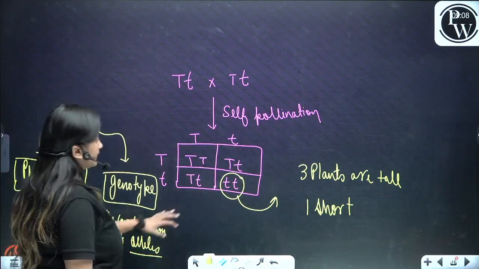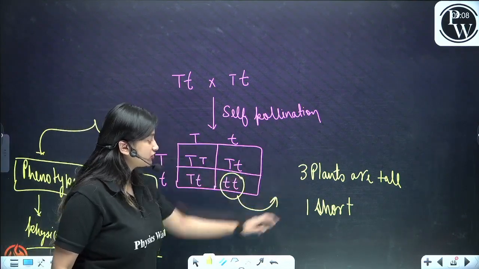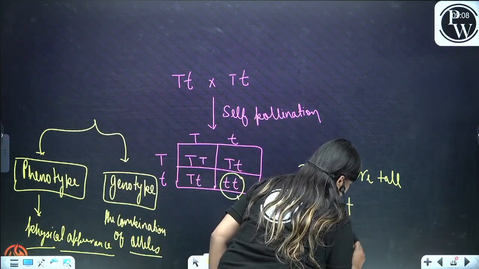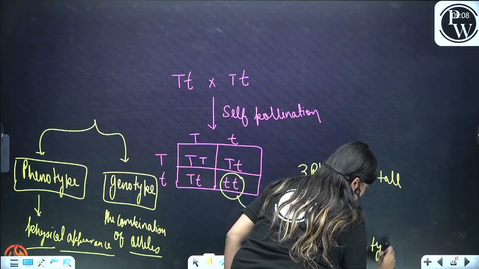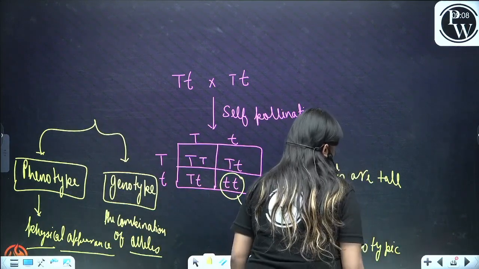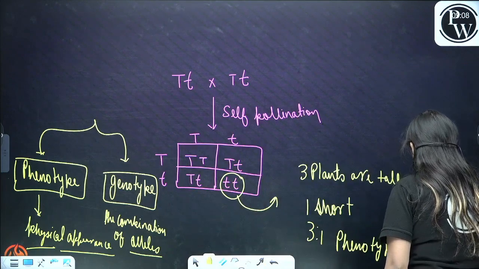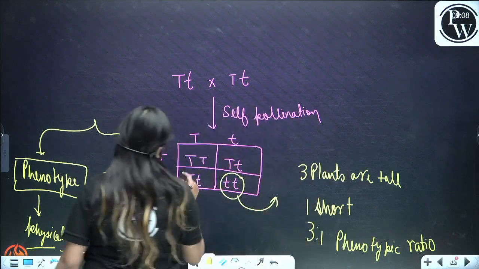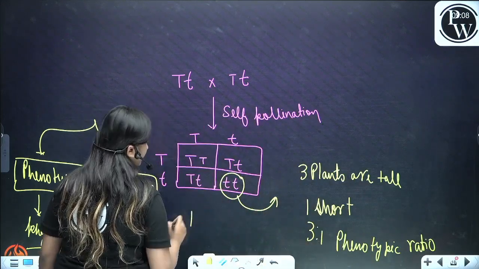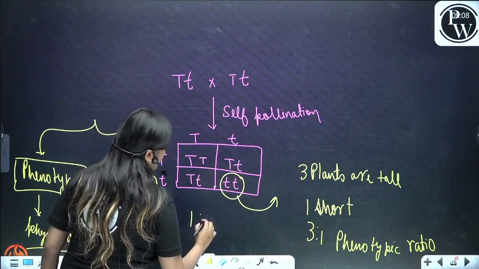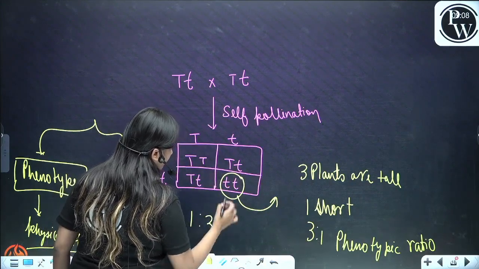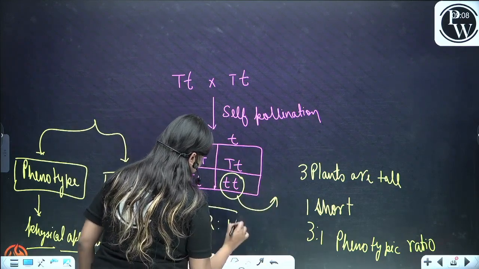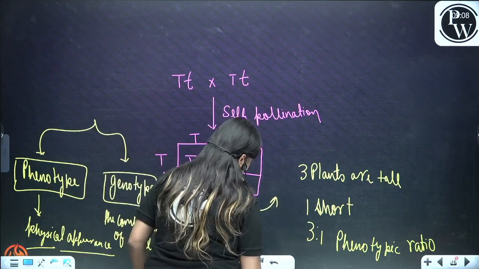So now this is a phenotypic ratio. 3:1 is the phenotypic ratio. Now you need to tell me what is the genotypic ratio. That is, 1 combination is bada T bada T, 2 combinations are of bada T chota t, and 1 combination is chota t, that is small t. This is a genotypic ratio. 1:2:1 is the genotype.